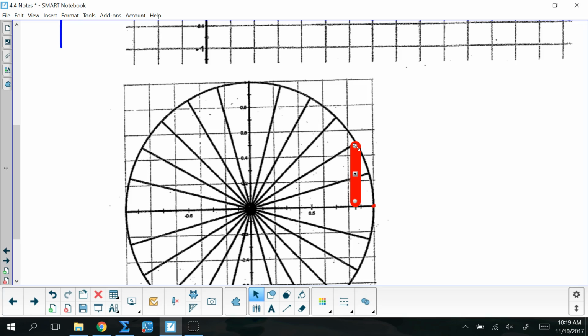It's a lot easier than you think, because what you do is you make a little mark on your piece of spaghetti, pick it up, put your fingers on either side of that mark, and pull it apart. It's really not that hard. All right, so that's my 30-degree line.